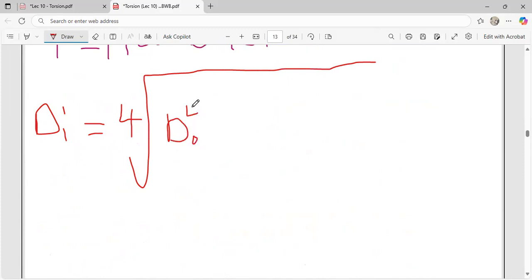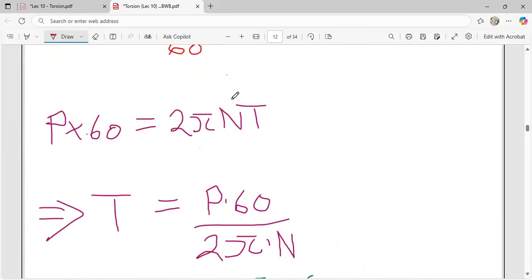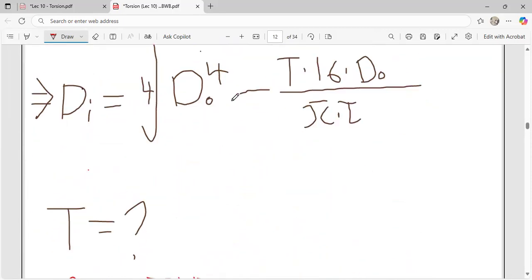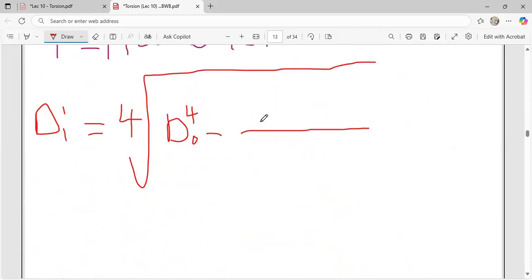The external diameter had an exponent of 4 minus what? 16. T multiplying the 16, times the what?